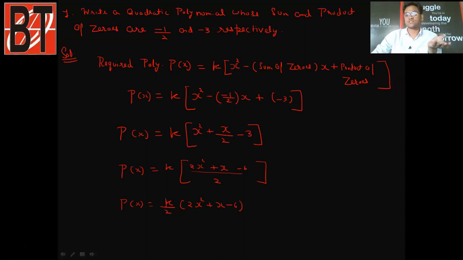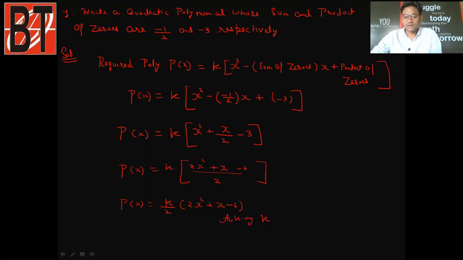Now students, it's up to you. If you want, you can take the value of constant k as 1, or you can just leave the expression at this step and write where k is any real number. Because if k is any real number, k by 2 will also denote a real number. You just need to understand that a real number can be multiplied with the whole expression. If you want, you can take the value of k as 1, or k as 2.